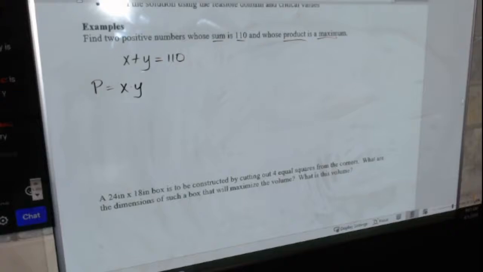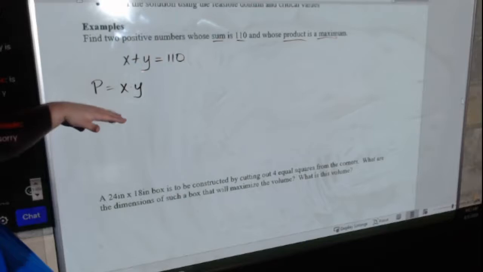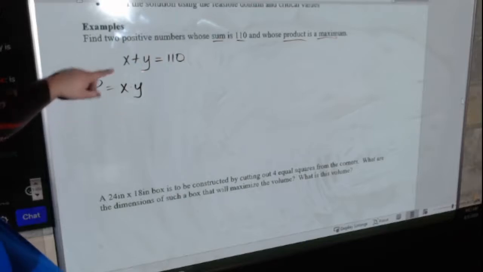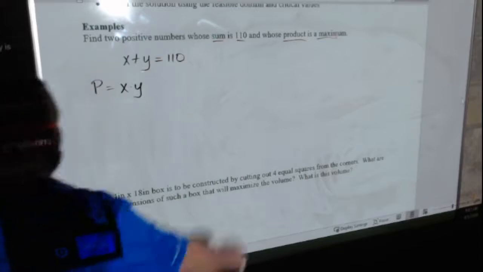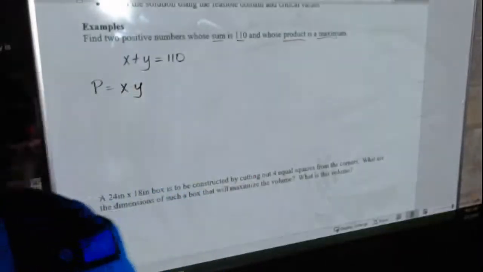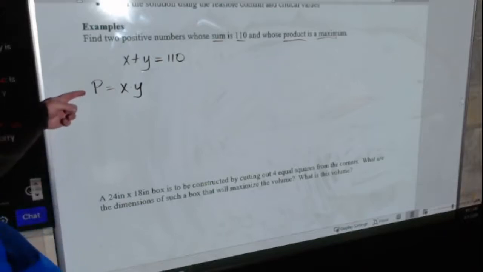All right, so it actually is p equals xy, because that's the thing we're trying to maximize. That's the primary equation. This is the secondary, right? The secondary equation has some data given to us in the problem. That's that 110. So this is primary.